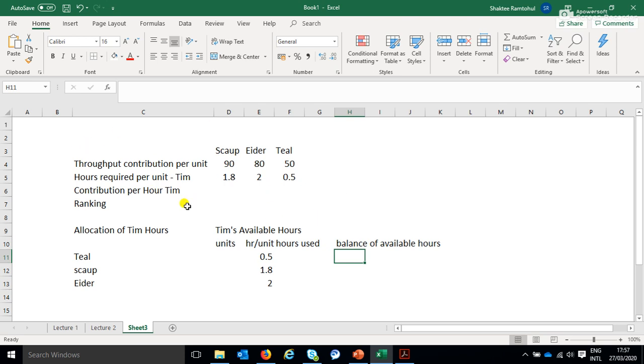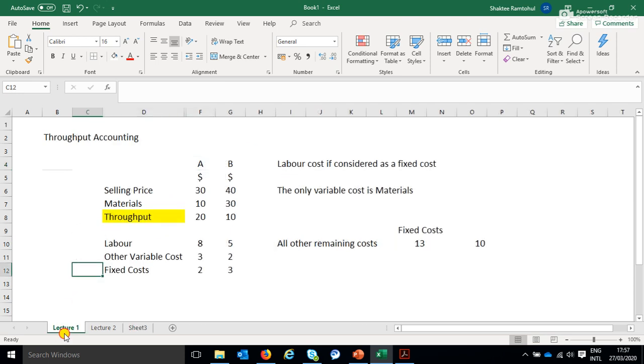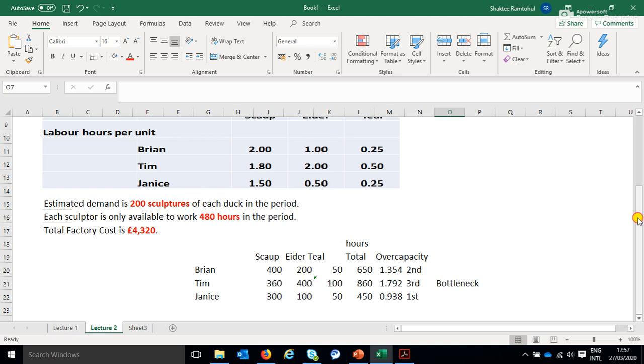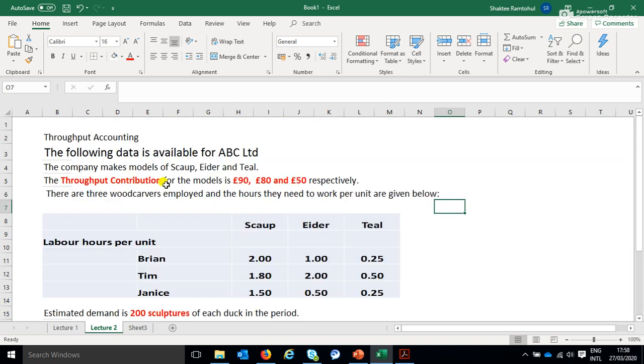Now, because Tim is the bottleneck, we will concentrate on Tim. All of what we're going to cover will concentrate on the bottleneck. Now we will remember from the question, we were told that the throughput contribution was £90, £80, and £50 for the three products.